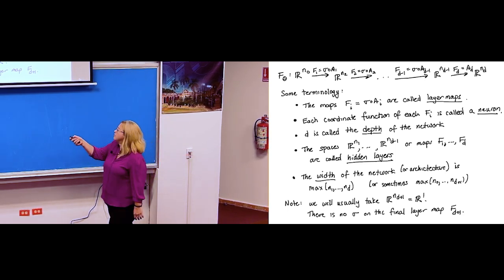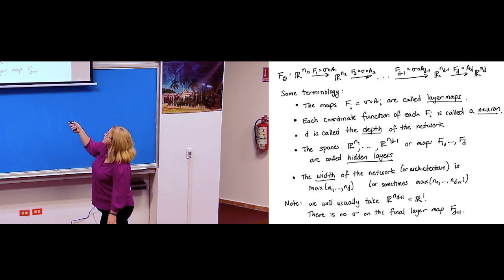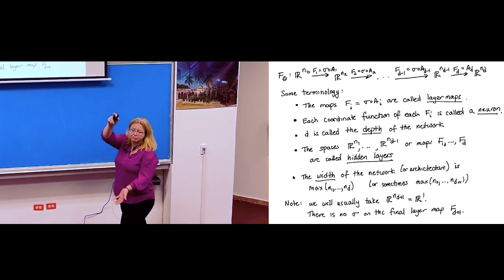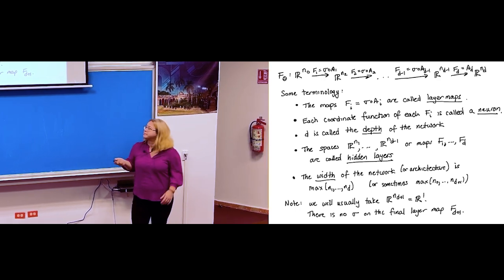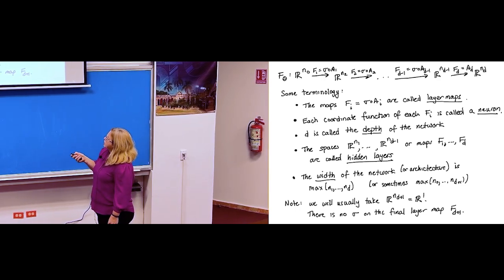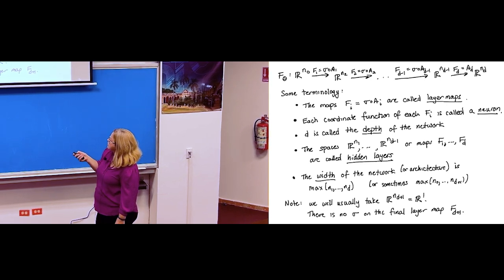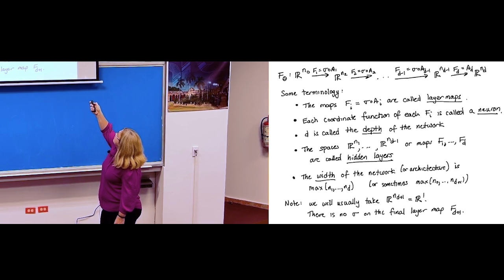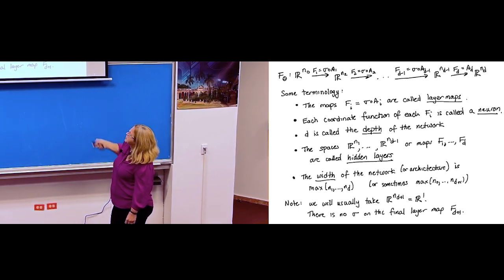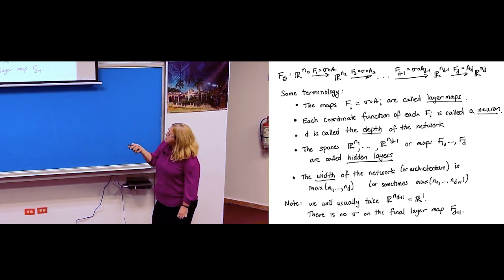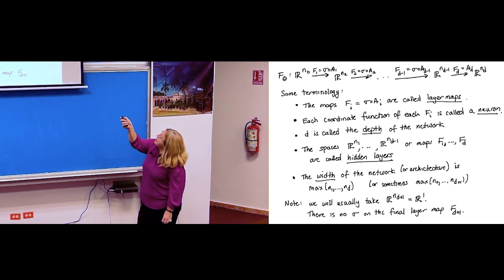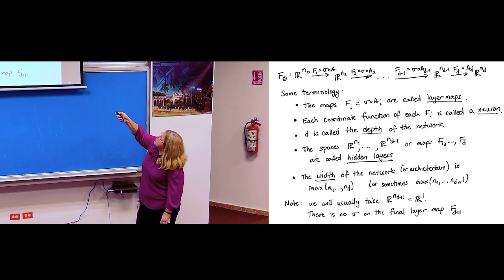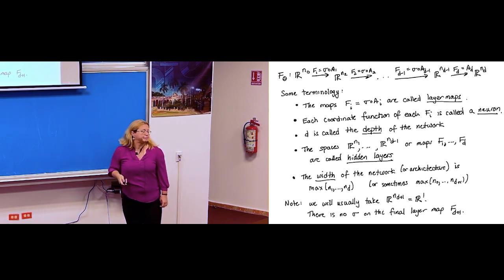Sometimes it's the max of n1 through nd, or sometimes the max of n0 through n(d+1), but generally it's how big those intermediate spaces are. In what I'm going to talk about, we're usually going to take the final space, the output, call it n(d+1), to be one-dimensional. Also, I wanted to point out that on the very final map, there's no activation function. There are activation functions on all the layers until you get to the last one, which is just linear.